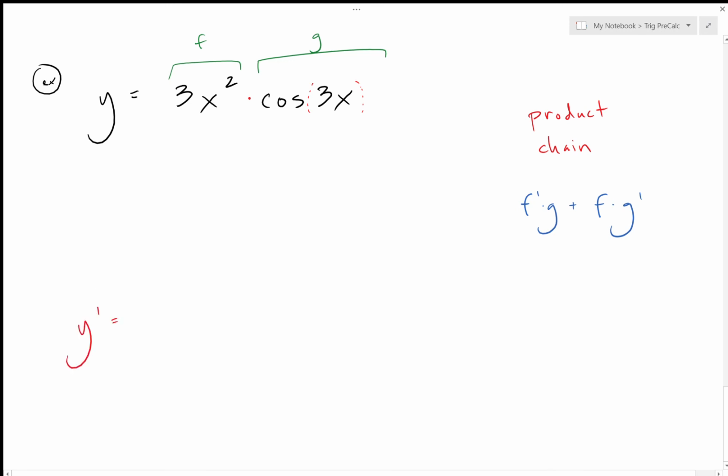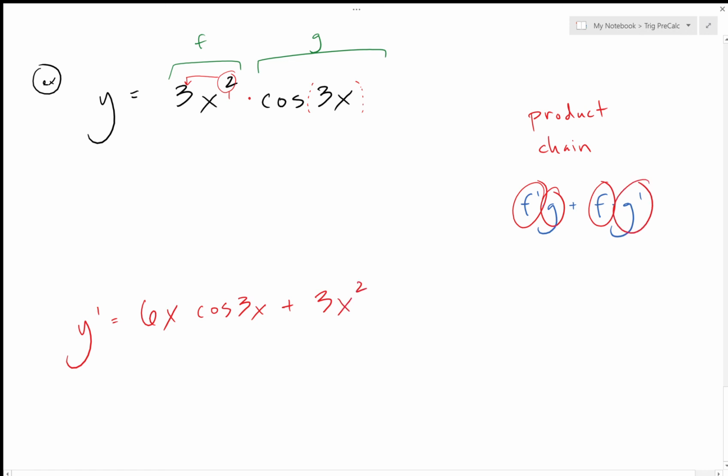The derivative of f, taking the derivative of the first piece, multiply this to the front, so we get 6x, 1 lower, and that's it, times g. g is just cos(3x), plus f, the first part, 3x², times the derivative of g.